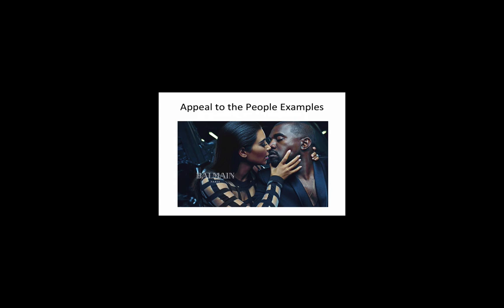So here's an example of two famous people in an ad, and the implication is that these people are famous, they're in love, she's wearing a big diamond ring, they're beautiful, and they're wearing fabulous clothes, and somehow you can be like this too. Everybody can get what they want if they just get on the wagon with Balmain.